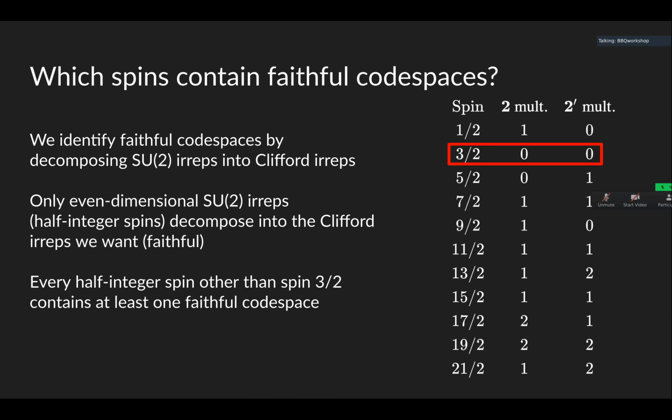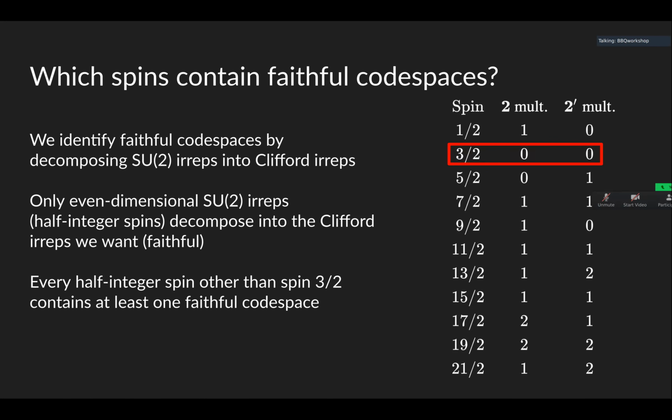These only show up in the half-integer spins. So I've listed for the smallest half-integer spins how many times you get each of these arrays showing up. And you'll find that the only array of SU2 that doesn't have either of these Clifford subspaces is spin 3 halves. Otherwise, you have things available to you all the time. So we found a place where we can do logical operations.